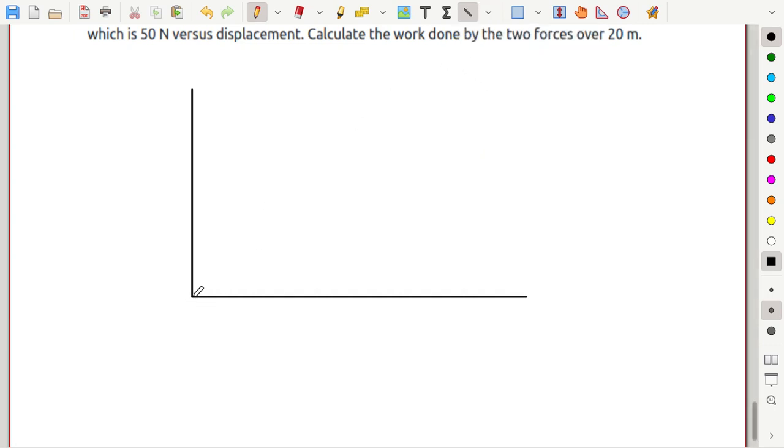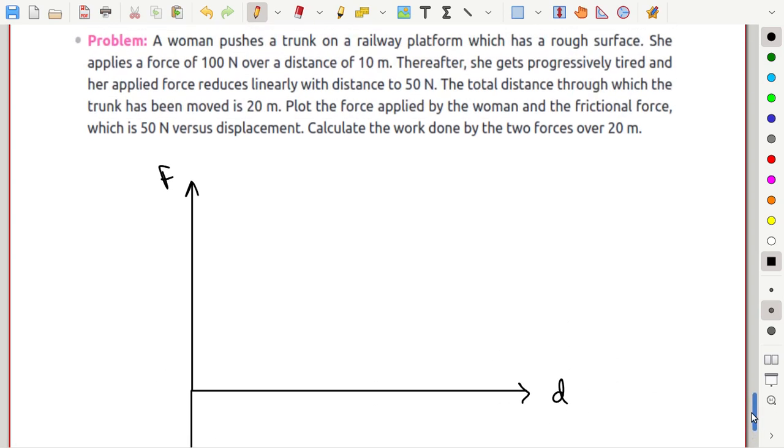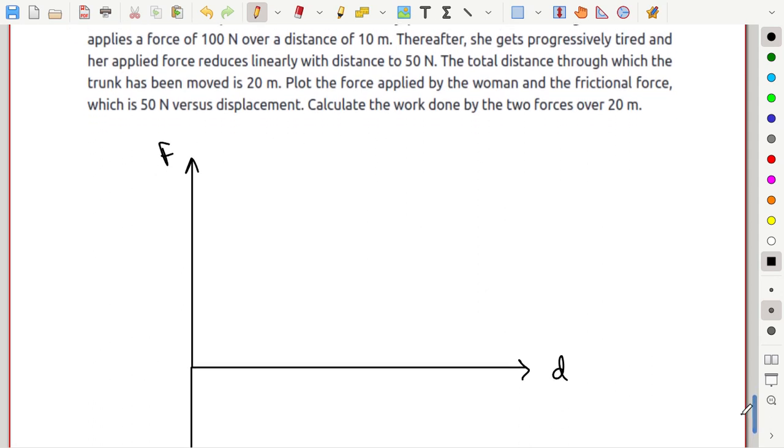Since we have a frictional force, we need a negative axis too. So let's take the forces along the vertical axis and the displacement along the horizontal axis. Let me use the picture used in your book.